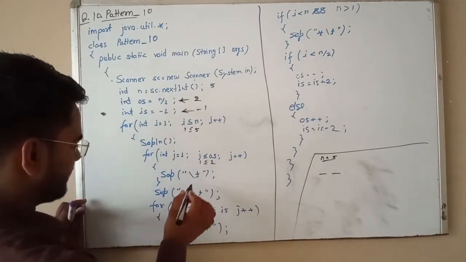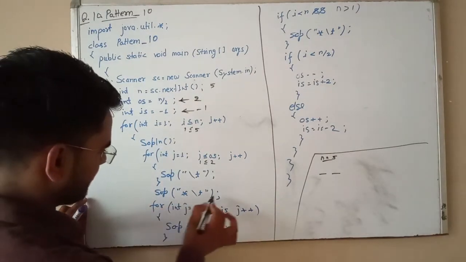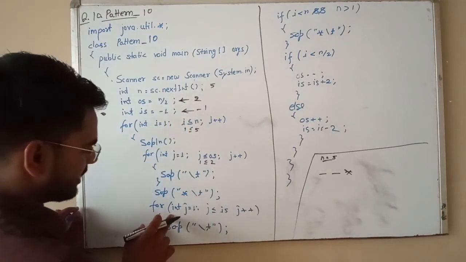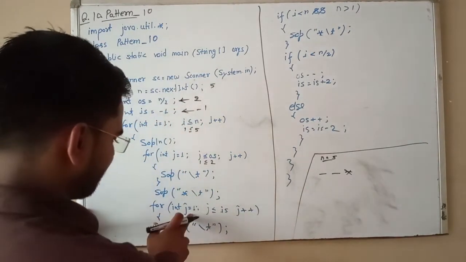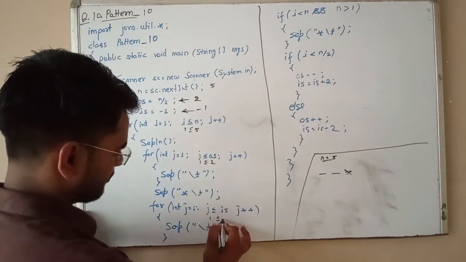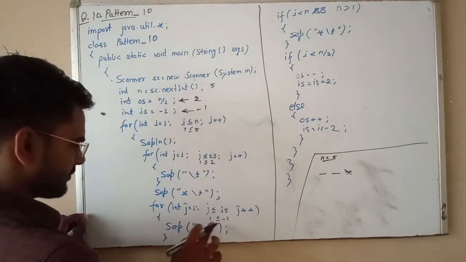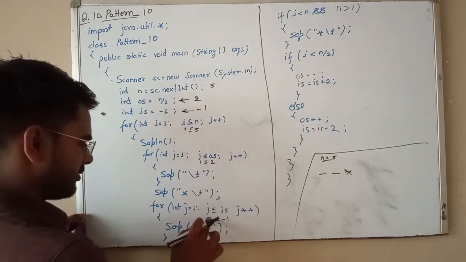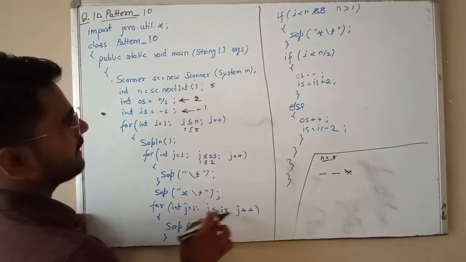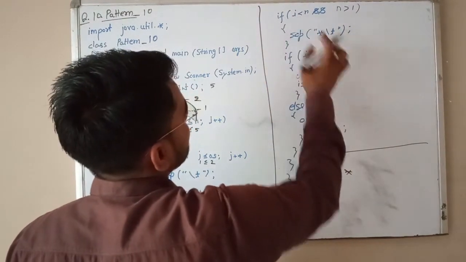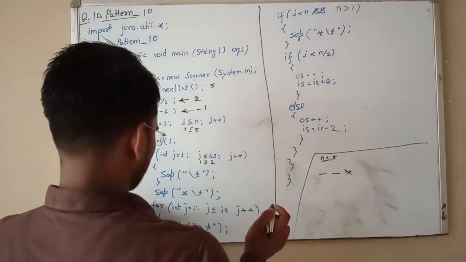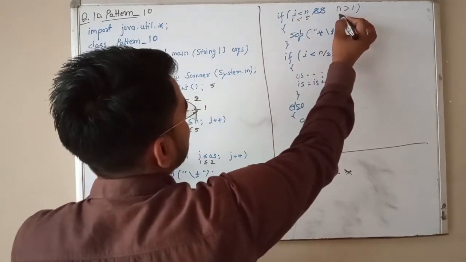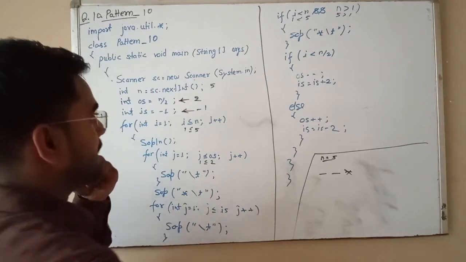After this, print star. After this star, the inner loop: j equal to 1, less than or equal to minus 1 internal, this does not run, because minus 1 is less than 1.